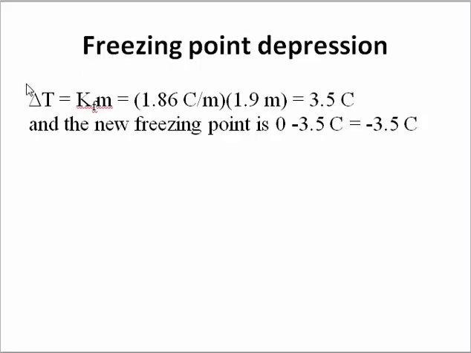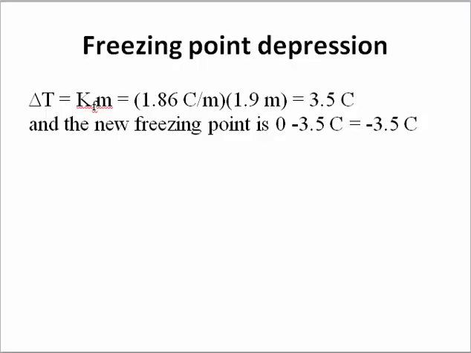Alright, the solution is that the change is 1.86 Celsius per molal times 1.9 molal, or 3.5 Celsius. And since the freezing point of pure water is 0, the freezing point is now 0 minus 3.5, or negative 3.5 Celsius. Again, when antifreeze is added to the water in your car, it has a higher boiling point and a lower freezing point. It remains liquid over a wide range of temperatures.